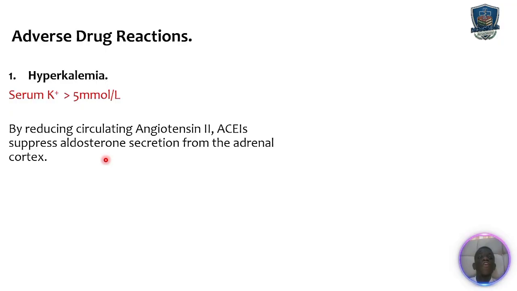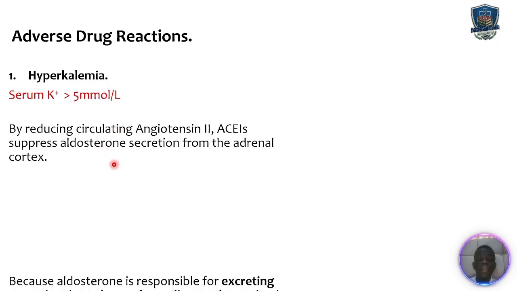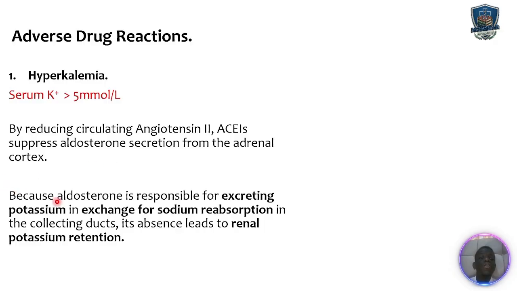There will be a lot of potassium retention. So a suppression of aldosterone leads to retention of potassium and excretion of sodium. Don't forget that point. Because aldosterone is responsible for excreting potassium in exchange for sodium reabsorption in the collecting ducts, its absence leads to renal potassium retention.